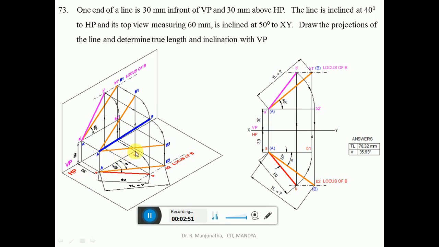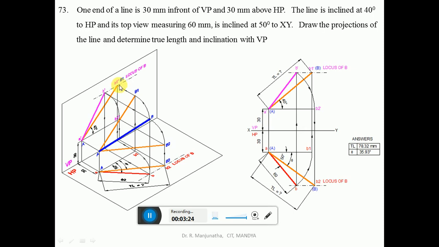Then you draw a vertical projector to the XY line, and from here you draw a horizontal projector, vertical projector in the front view. To get this locus of B in the front view, since this line is parallel to VP, from A dash you have to draw a line which is inclined at 40 degrees to HP, so that it cuts the projector here.